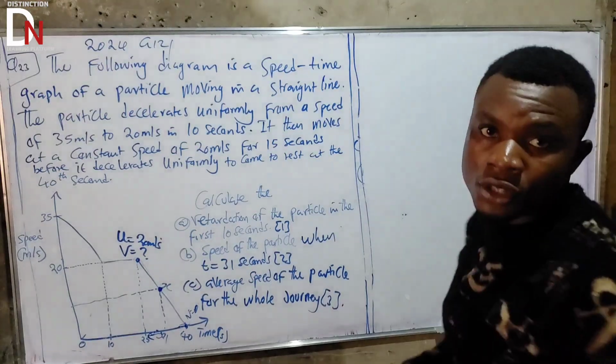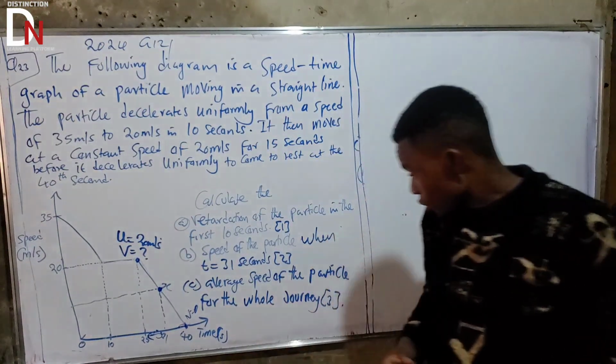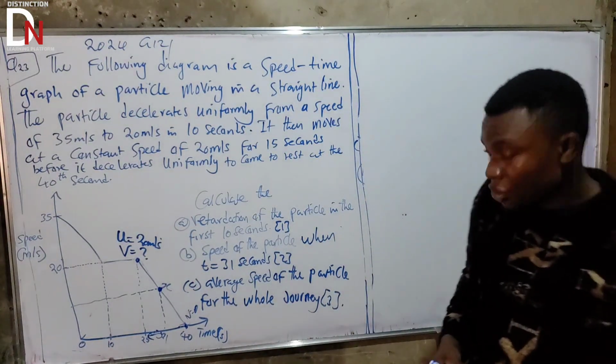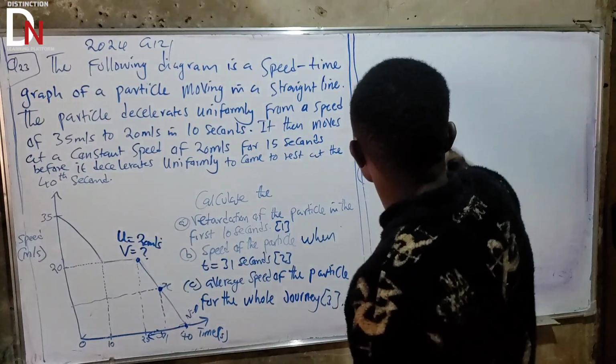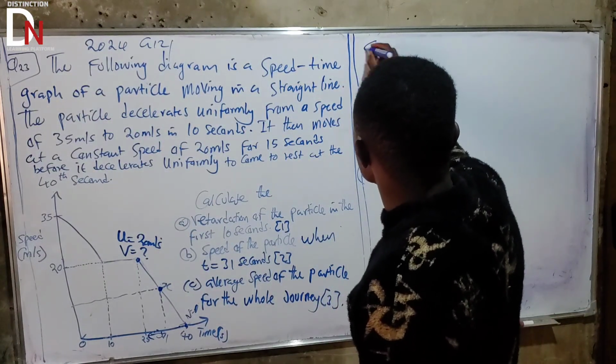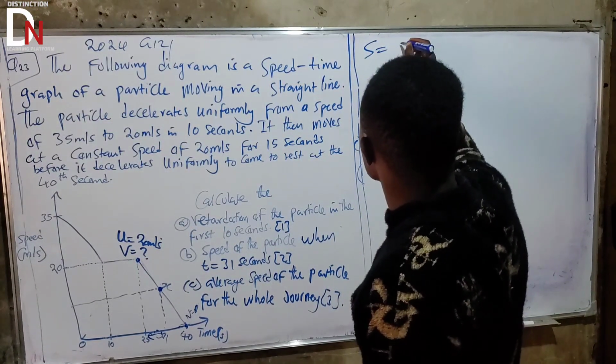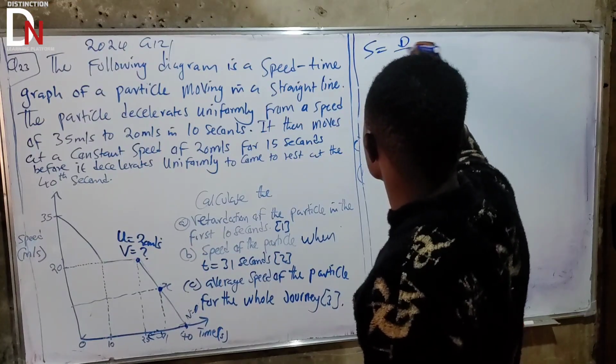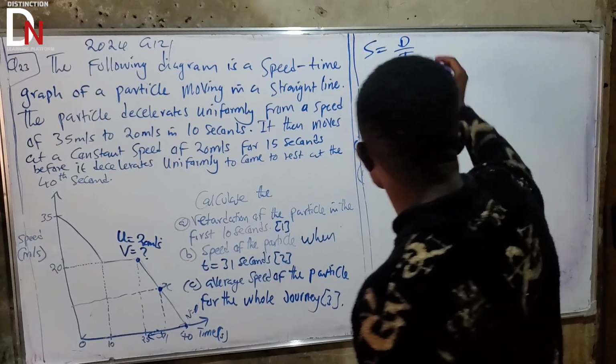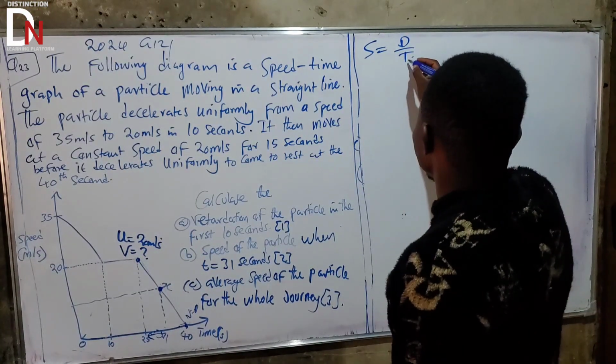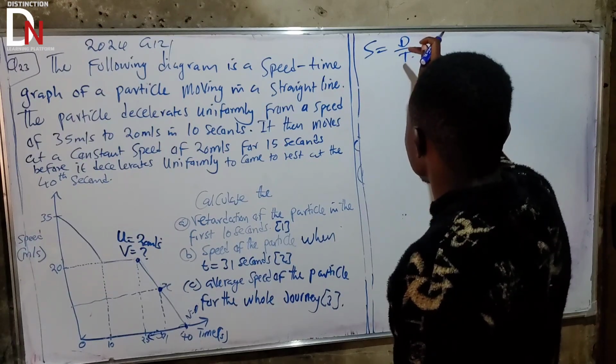So the average speed of the particle for the whole journey, we know speed is equal to the total distance traveled divided by the time taken. So we have to find the distance as well as the time.